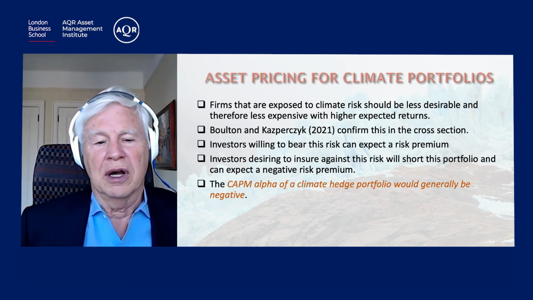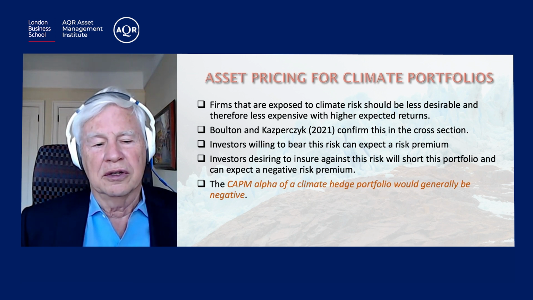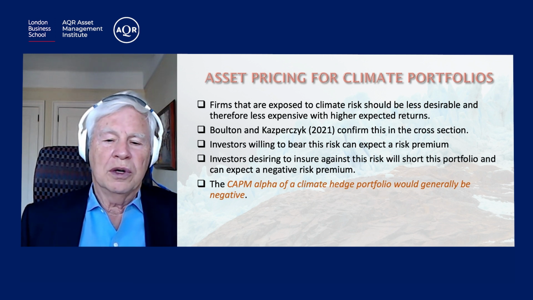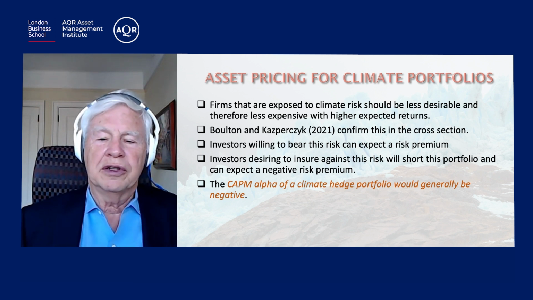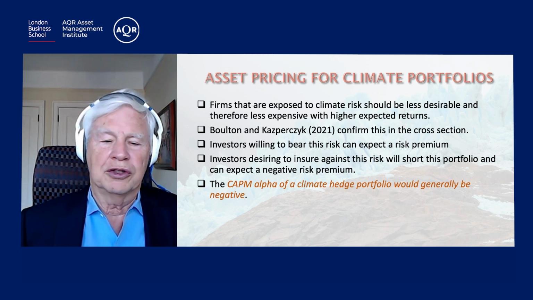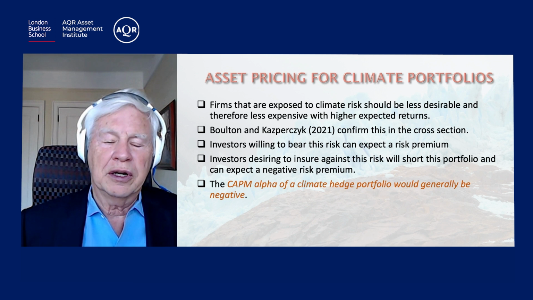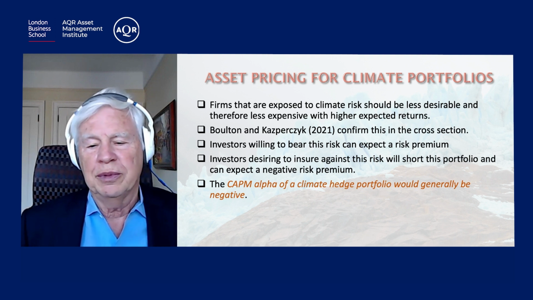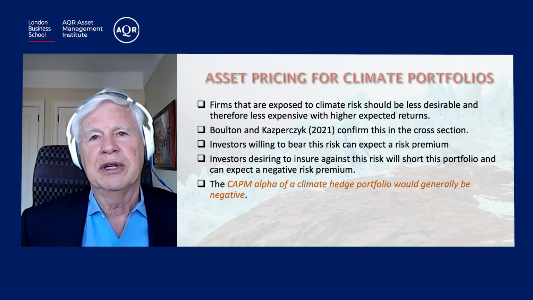Bolton and Kacperczyk confirm that you can see this in the cross-section. So if you want to bear this risk, you can receive the risk premium. If you want to hedge this risk, you're going to short this portfolio, and you can expect to have a negative risk premium. So the CAPM alpha of a climate hedge portfolio would generally be negative.